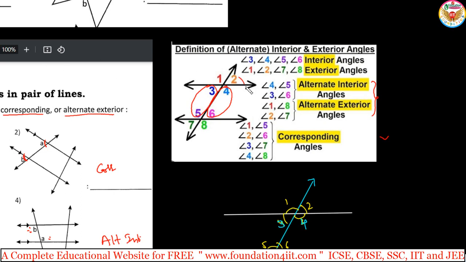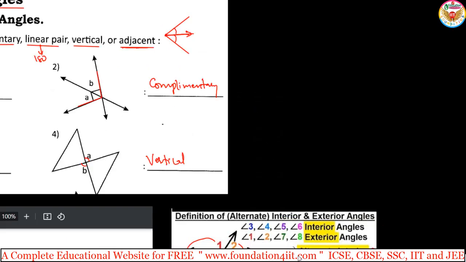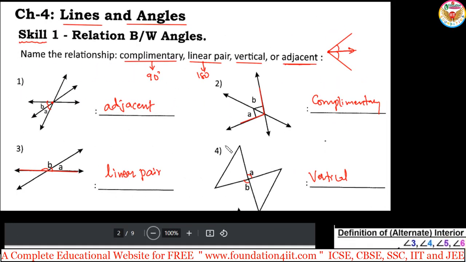Next, angles 2 and 8 sum to 180, angles 1 and 7 also sum to 180. Okay, this is the rule you can apply to solve this. I am giving complete worksheets for this to practice each and every problem based on complementary, linear pair, or parallel lines. So after practicing one skill, come to the next skill one by one to perfect.